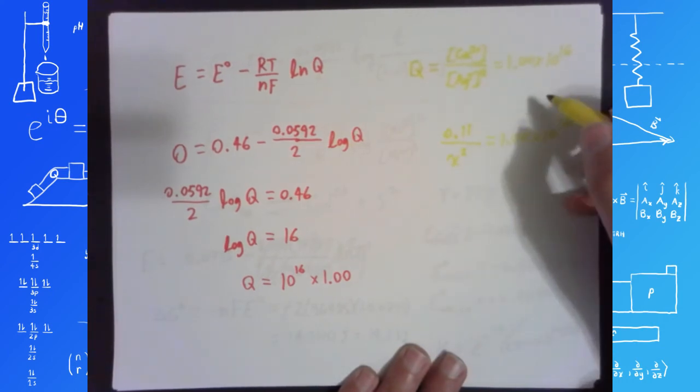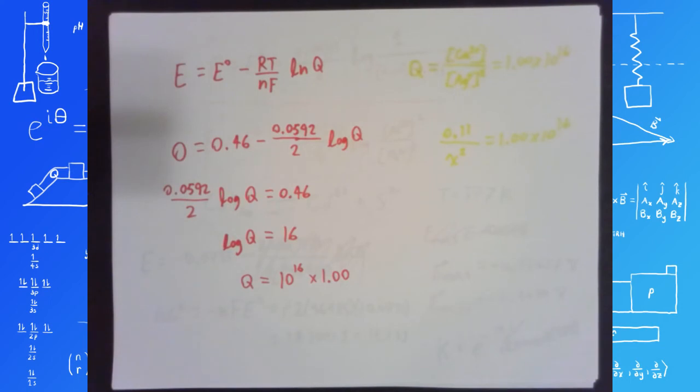Multiply by x squared, divide by 1.00 times 10 to the 16.